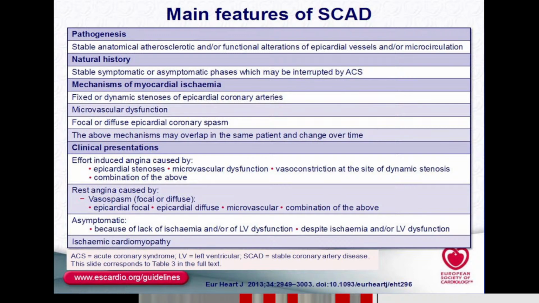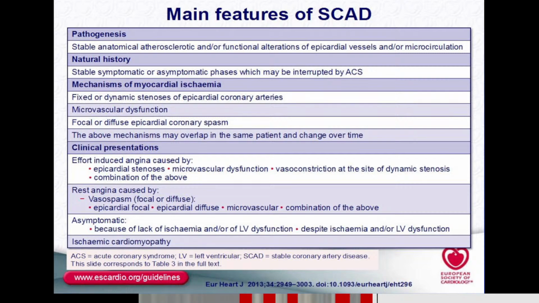What are the main features of stable coronary artery disease? I think it isn't a discovery for you, and the pathogenesis of it. It's the stable anatomical atherosclerotic and functional alterations of epicardial arteries and/or microcirculation. And the natural history looks like stable symptomatic or asymptomatic phases which may be interrupted by acute coronary syndrome.